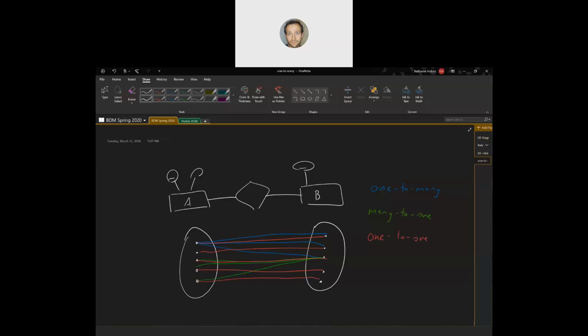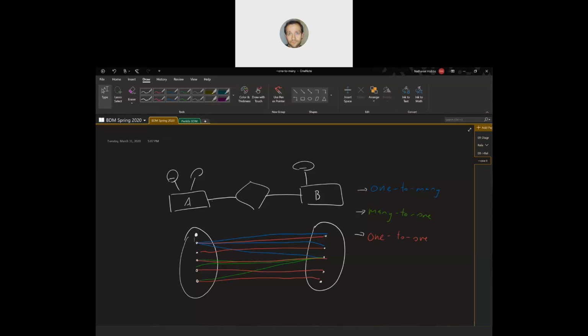There's also this aspect that isn't captured by these words, one-to-many, many-to-one, which is whether you can have members that aren't included at all. For example, here in set A, here's a member of this set that isn't connected to anything in set B. This may or may not be allowed in an entity relationship diagram.